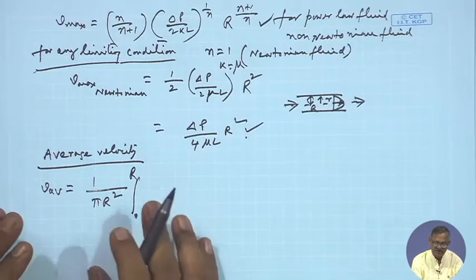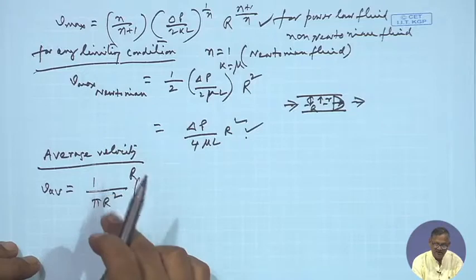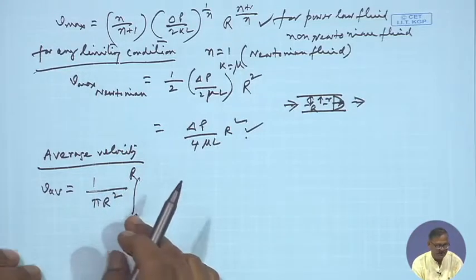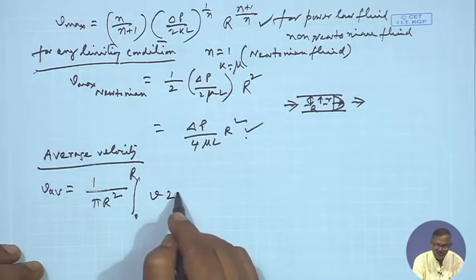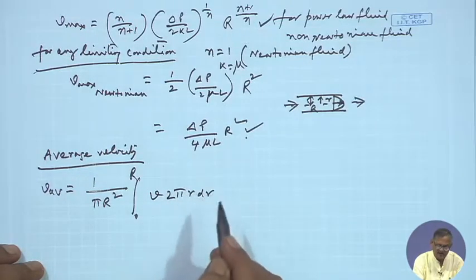So, here we are taking directly 1 by pi R square, that is the area, 0 to R, and this is v 2 pi r dr.